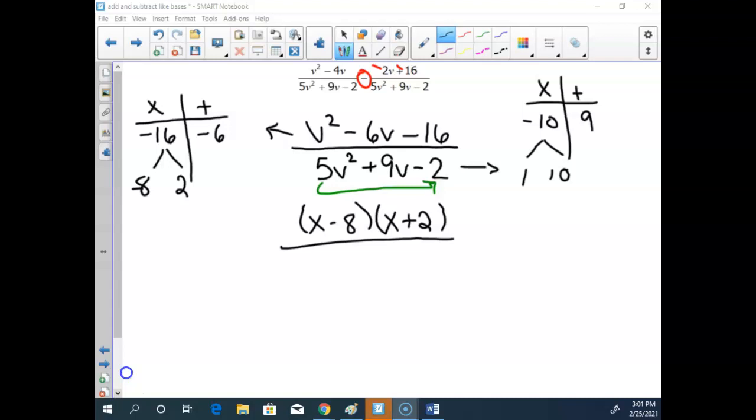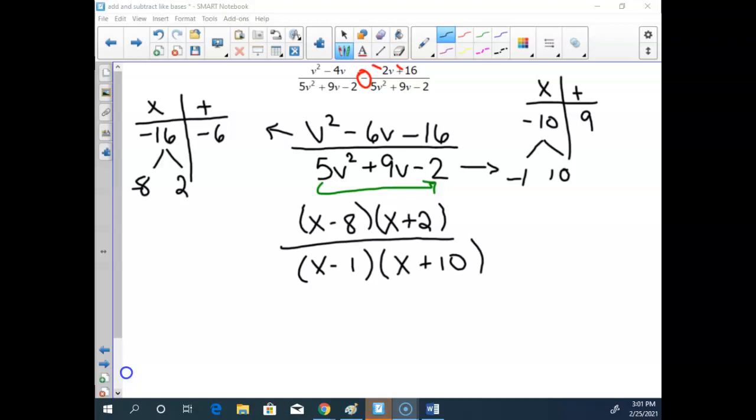I want to get to a positive 9. So that means that my 10 needs to be positive, so my 1 will be negative. So let's see, negative 1 times 10 is negative 10. Negative 1 plus 10 is 9. So I'm going to rewrite my polynomial as x minus 1 times the quantity x plus 10.